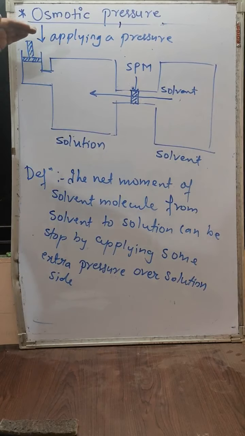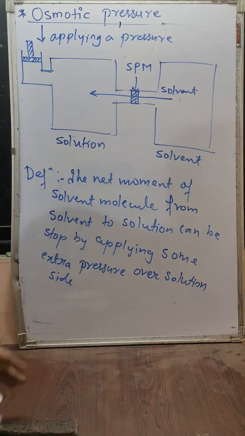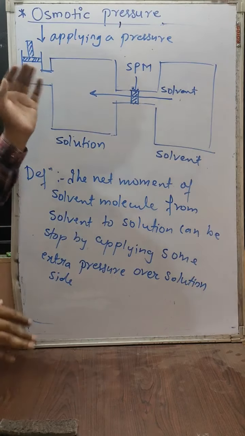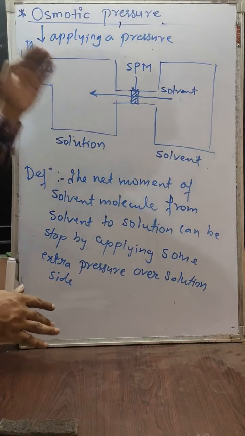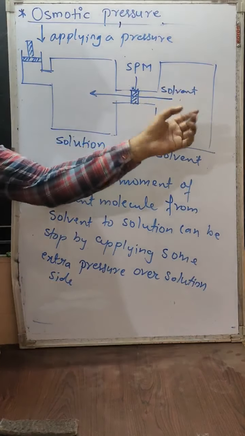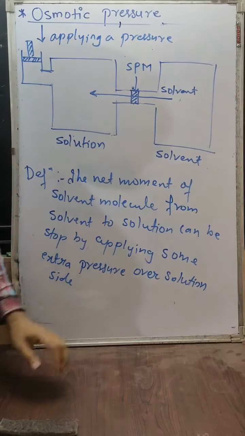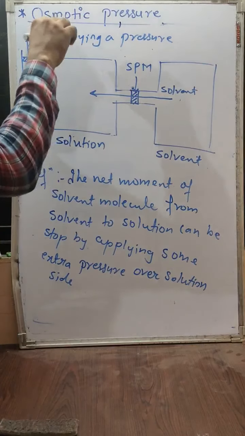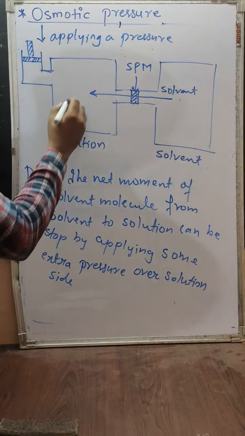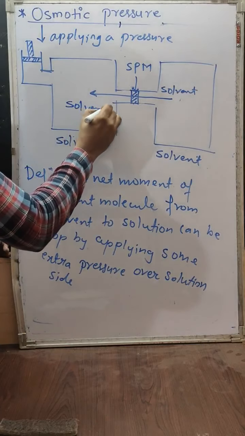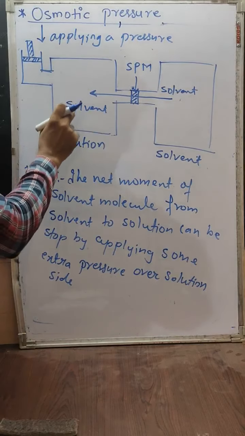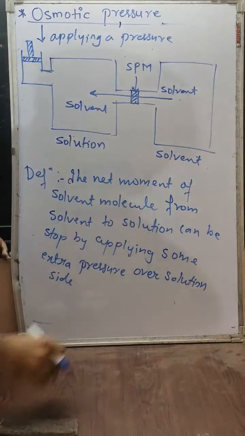Suppose I apply more pressure, what happens? Just as I apply the pressure, the net movement of the solvent molecules gets stopped. But if I apply more pressure, what happens here? The solvent molecules which are present in the solution will go into the solvent.